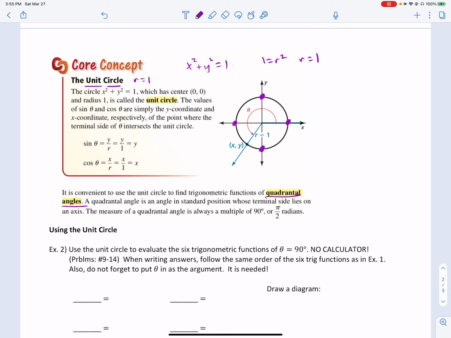It's an angle in standard position whose terminal side lies on an axis. So a quadrantal angle is always a multiple of 90 degrees.